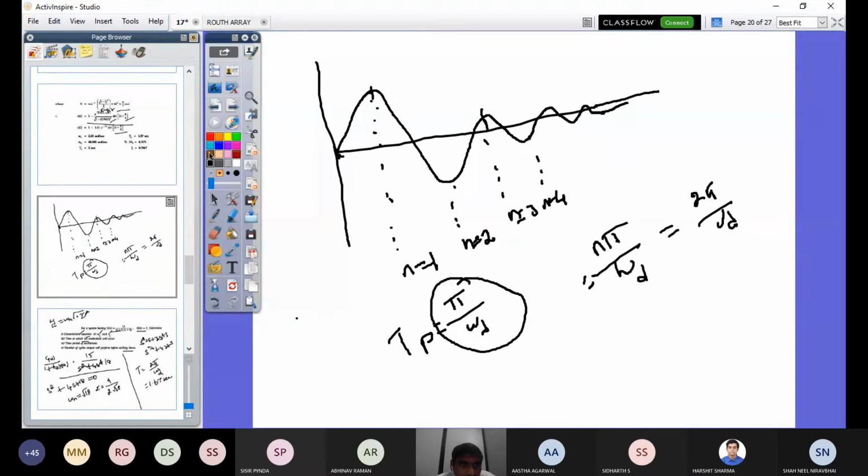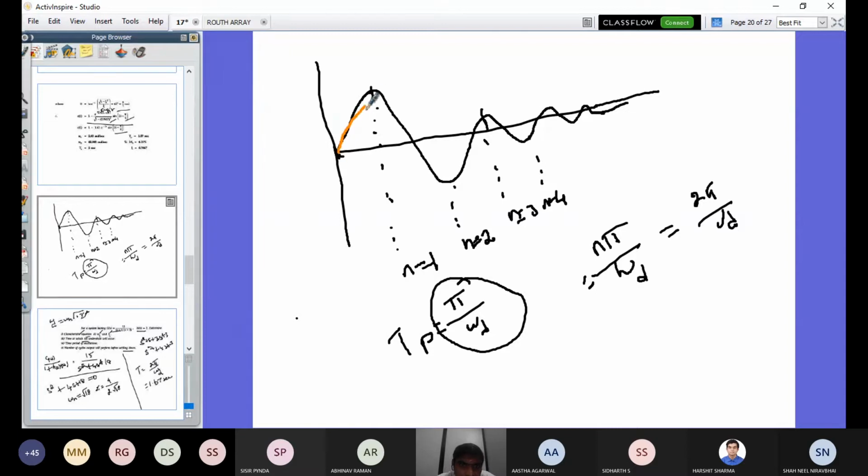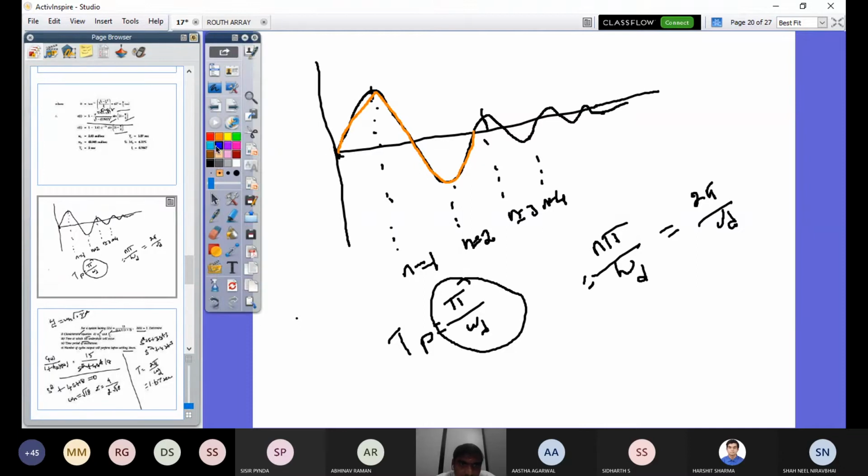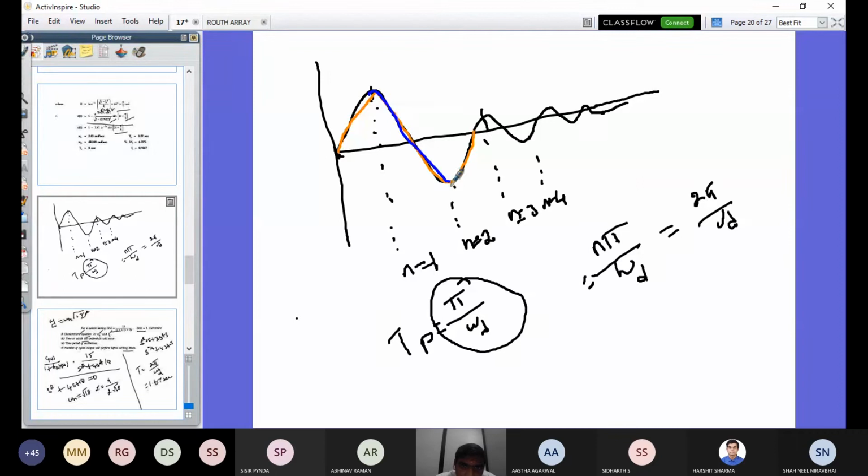People normally take any option, so they will consider from here to this point, or some people will consider from this point to this point also. This is also one complete cycle, correct?